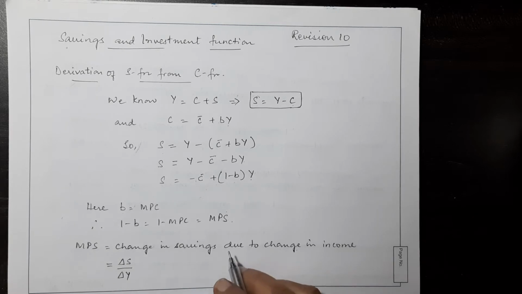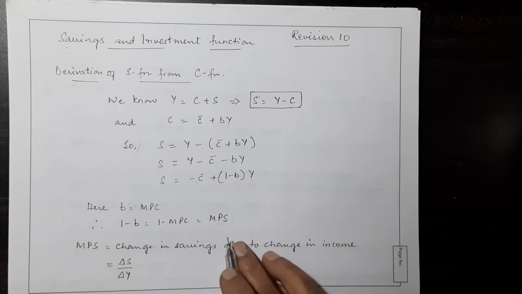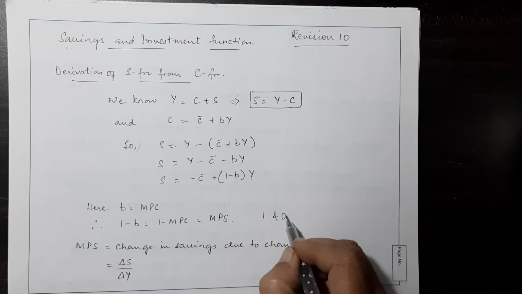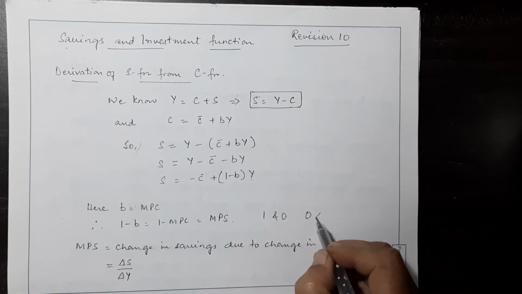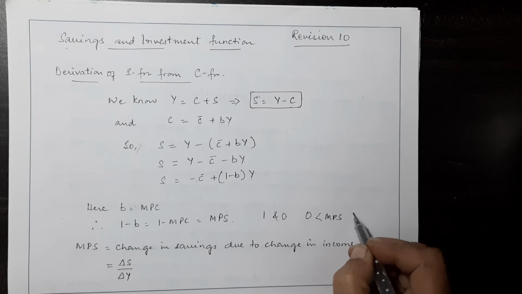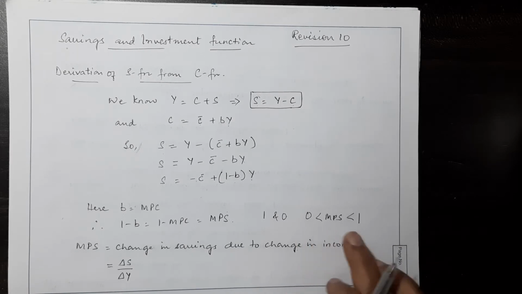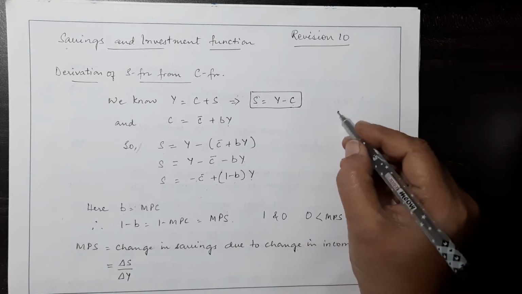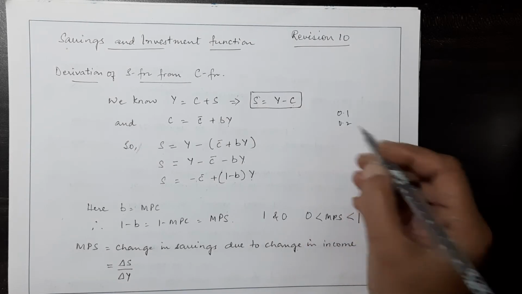And when we learnt MPS, we said MPS can be between 1 and 0, isn't it? So how do we write that? 0 less than MPS less than 1. So MPS lies between 0 and 1. What type of values will this MPS take? Its values will be 0.1, 0.2, something like this.